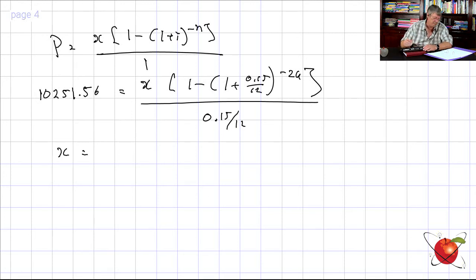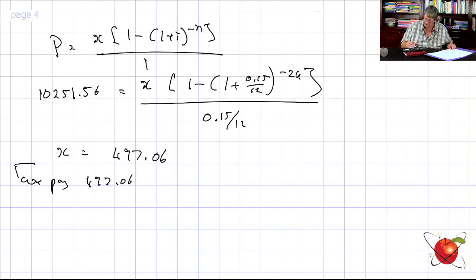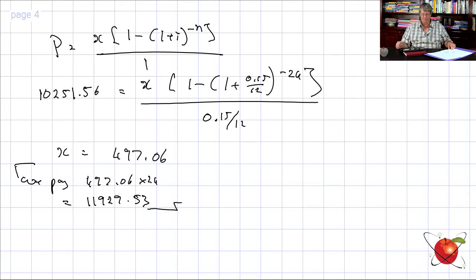Therefore, I calculate X as being equal to 497.06. Okay, check. My little side check: we pay 497.06 times 24. Total payment 11,929.53. That's how much we pay. Well, that ties up because it's actually 10,251. So we pay more. That's the interest that we are paying.